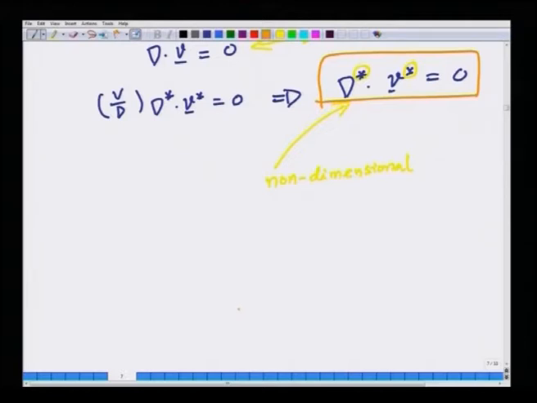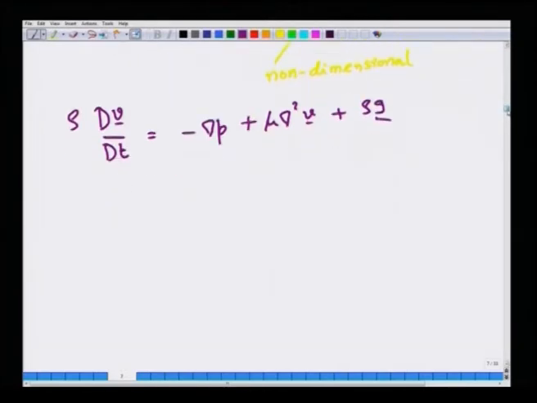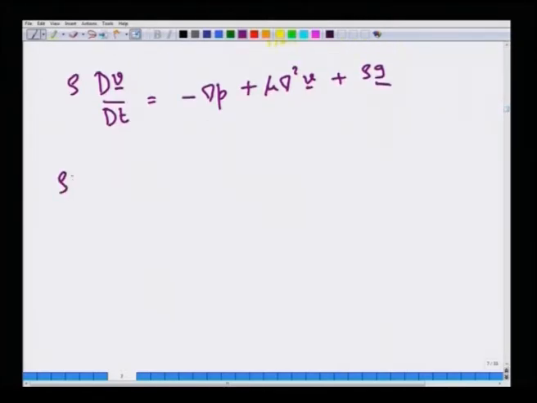Likewise, we can non-dimensionalize the momentum equation. You have rho dV/dt, this is the dimensional equation, is minus del p plus mu del squared V plus rho g. Okay. Now, instead of velocity, I am going to write V times V star, and instead of time, I am going to write t star.